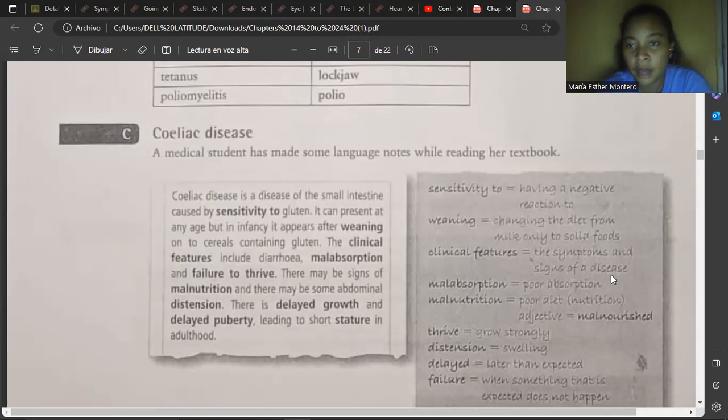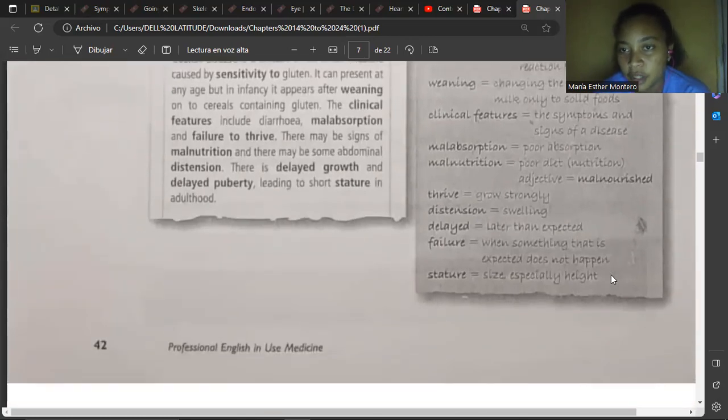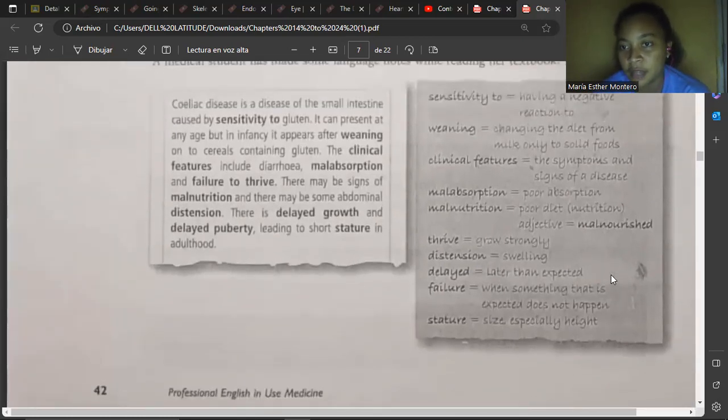Sensitivity: having a negative reaction to. Weaning: changing the diet from milk only to solid foods. Clinical features: the symptoms and the signs of a disease. Malabsorption: poor absorption.